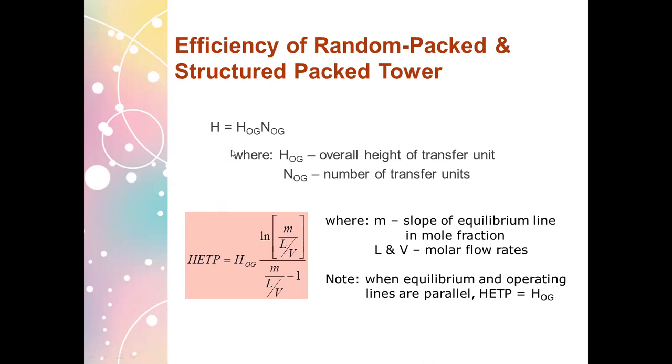If you'd like to get the HETP equivalent using the HOG, then you will be needing the slope of the equilibrium line and the slope of the operating line. However, class, since this is the slope of the equilibrium line, if you have a curve, you cannot use this formula anymore. This one is only applicable when your equilibrium and operating lines are parallel. This is the conversion formula of the HOG to the HETP.